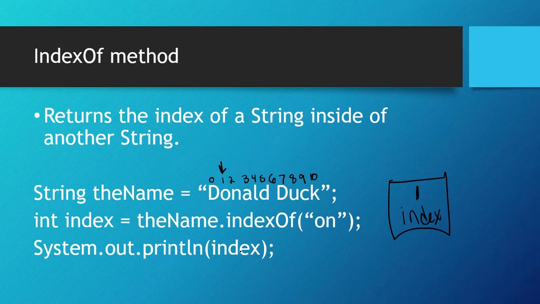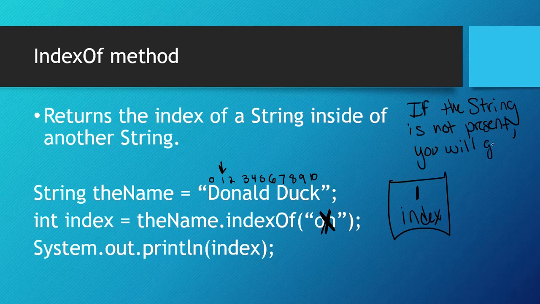Now, you're probably thinking, what if I try to find the index of something that's not in the word? Let's say we tried to find the index of "x" inside of the name. Well, that's not present, right? "x" doesn't show up. If the string is not present, you will get a -1.